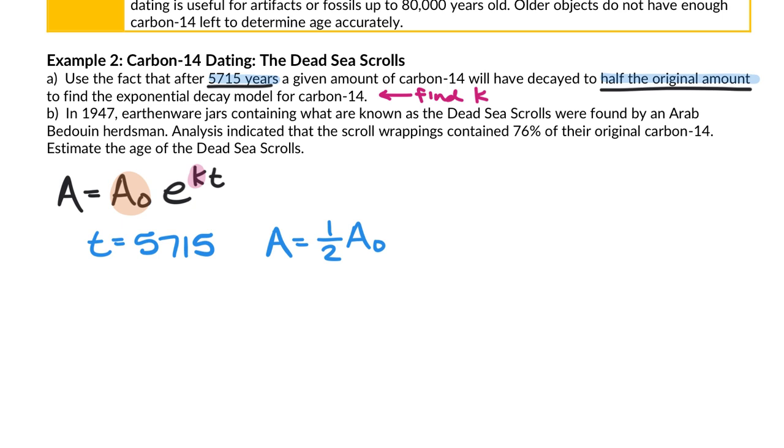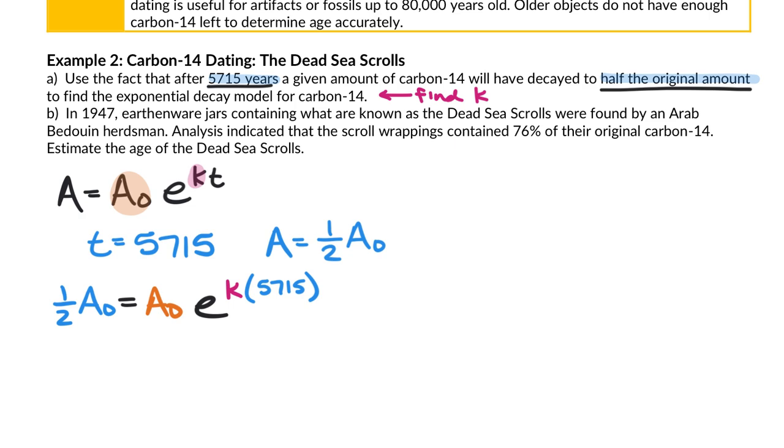So I'm doing half of a sub 0, whatever was there to begin with, the original amount. So if I plug all of that in, I would have 1/2 a sub 0 equal to a sub 0 times e to the k times 5715, because we know the time.